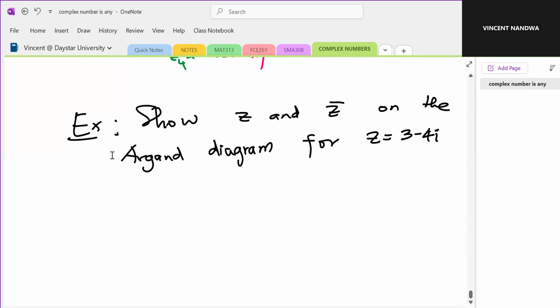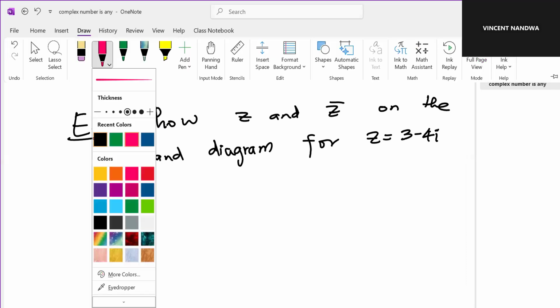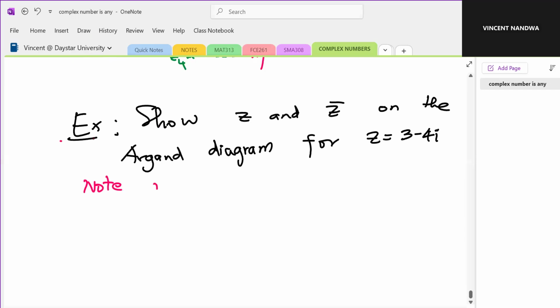So they want us to draw an Argand diagram and represent Z and its conjugate. From what we discussed earlier, you know that if Z is 3 minus 4i, then Z conjugate will be 3 plus 4i. So it's like 3 minus 4i and 3 plus 4i on the same plane.